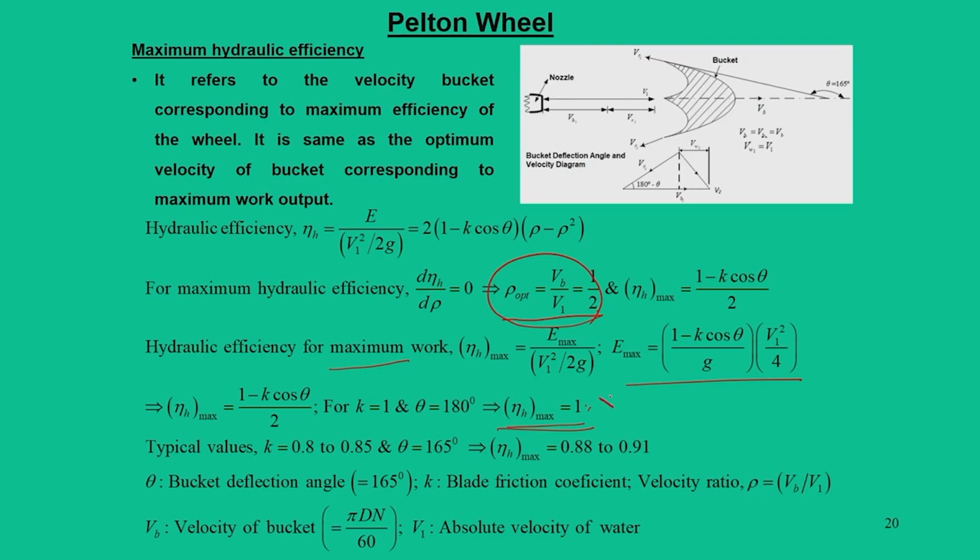So, this particular option is always ruled out. The ideal number chosen is theta of 165 degrees. When theta is 165 degrees, the corresponding blade coefficient is introduced for this theta. It falls in the range from 0.8 to 0.85, and this gives a hydraulic efficiency close to 0.88 to 0.91. So, that is the entire idea of how a Pelton wheel is allowed to operate.